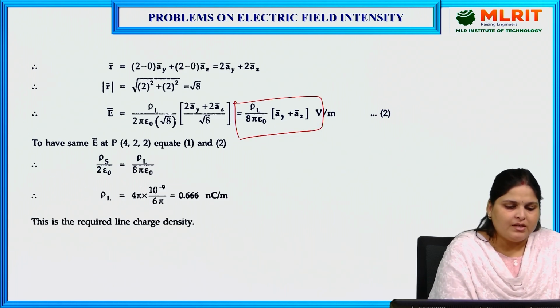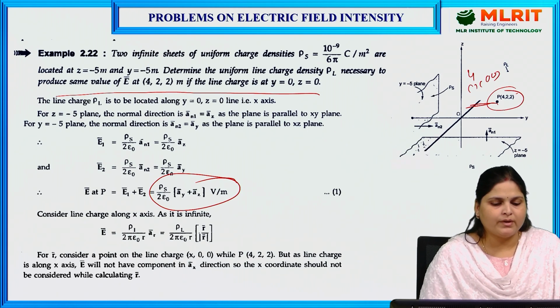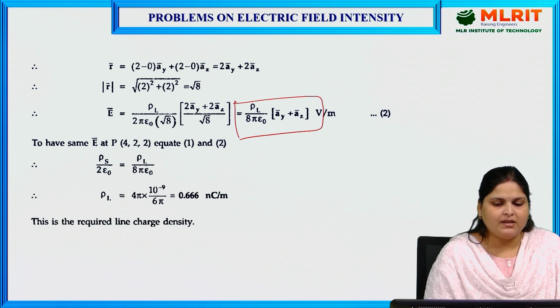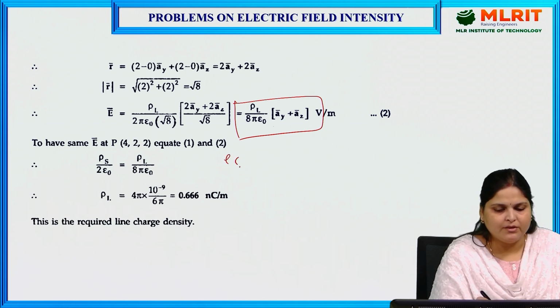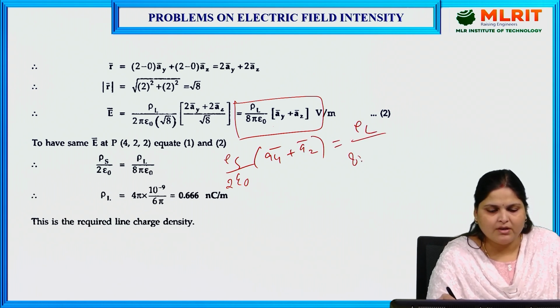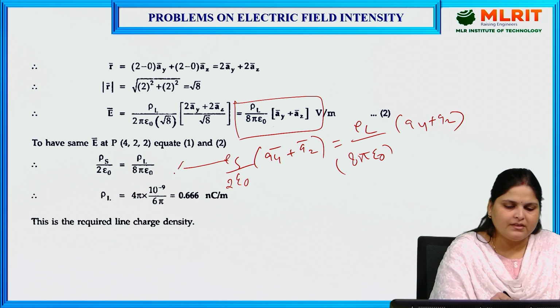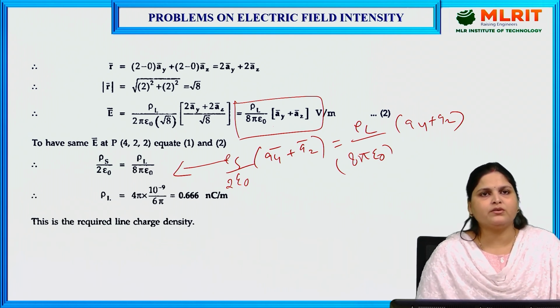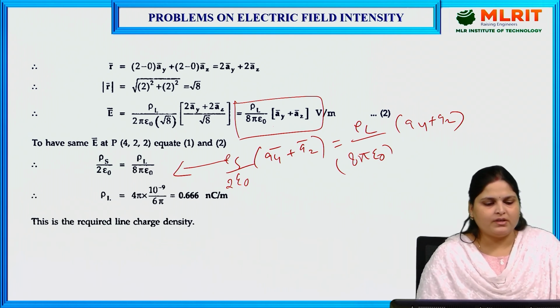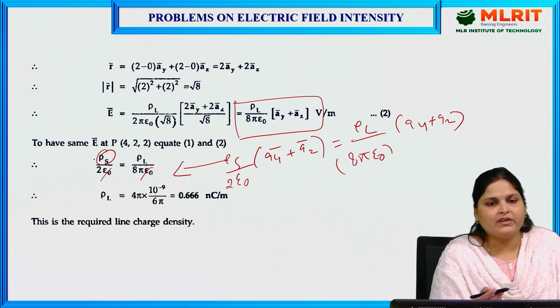On one side it is rho s upon 2 epsilon naught (ay plus az), and on the other side it is rho L upon 8 pi epsilon naught (ay plus az). Then rho s upon 2 epsilon naught is equal to rho L upon 8 pi epsilon naught. Here epsilon naught will get cancelled. The rho s value is given in the question.